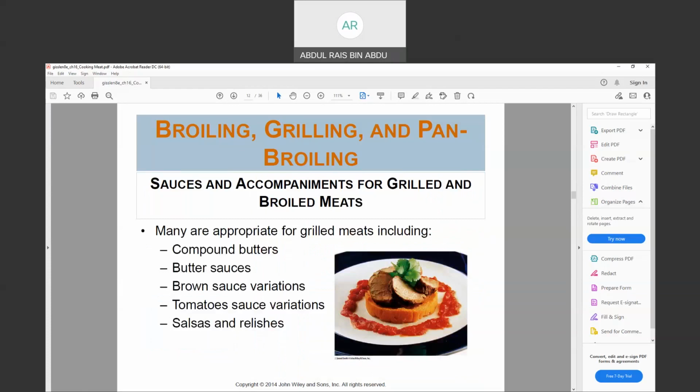So you can choose almost any type of sauce or accompaniment such as compound butter, buttered sauce, any brown sauce variation, whether it's a normal brown sauce, black pepper sauce, or rosemary or maybe mushroom. Variants of tomato sauce can also be used, and those who prefer a much spicier accompaniment can use salsa, relish or maybe chili sauce.